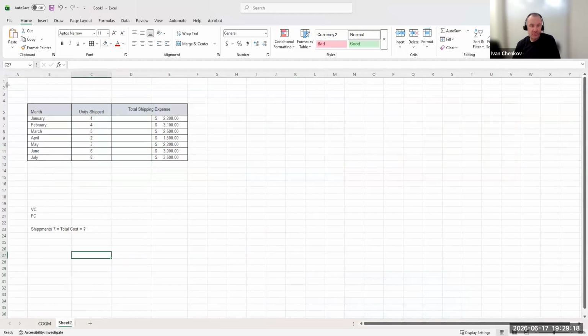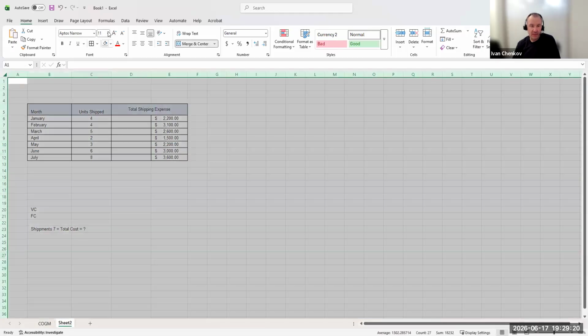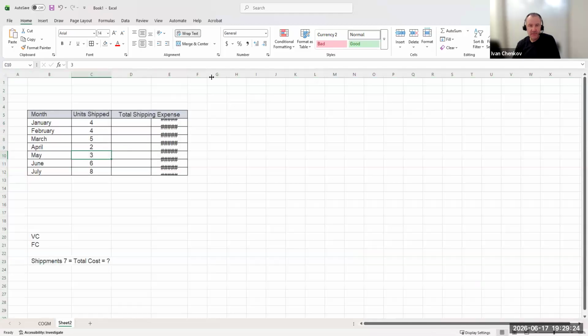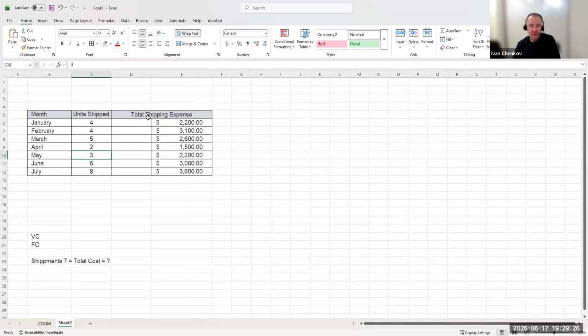Now let's move to the high-low method. On the high-low method, obviously we're going to have information related to some data. Units will now be usage. Is it going to be machine hours?